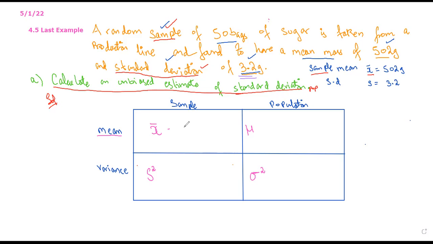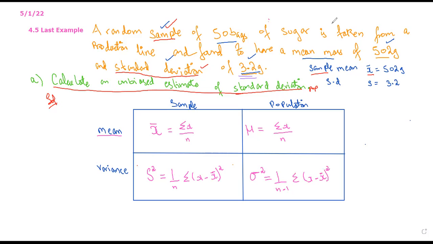Now the next thing is the formulas. Summation x by n. Whenever we have to find the mean, this is how we find it. For the population mean, the formula is the same. For variance, we have 1 by n summation x minus x bar square, and 1 by n minus 1 summation x minus x bar square.